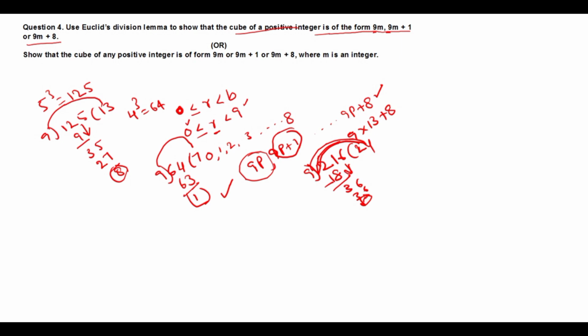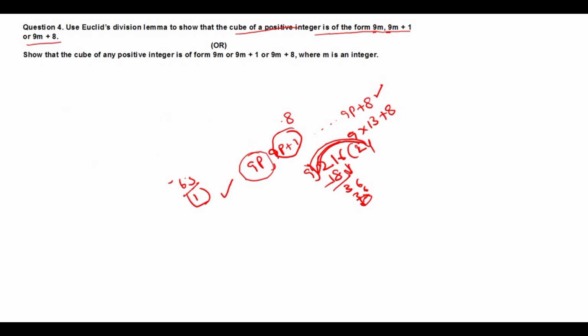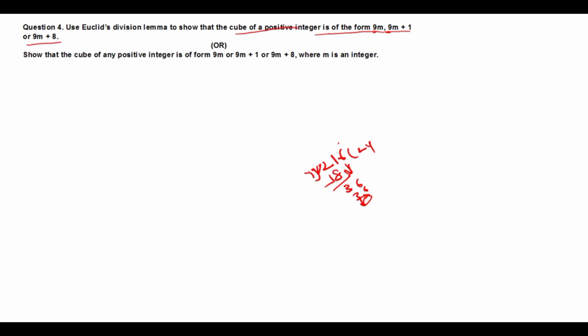To prove this, keep one point in your mind: a number which is divisible by 9 should be divisible by 3 also. For example, take multiples of 9: 9, 18, 27, 36, and so on.